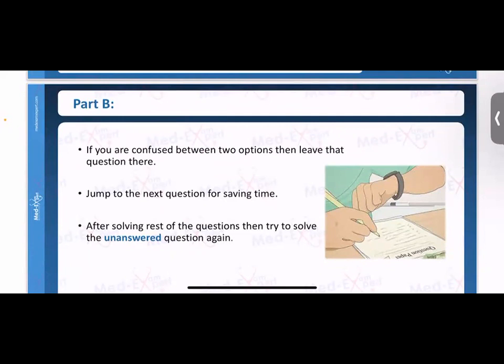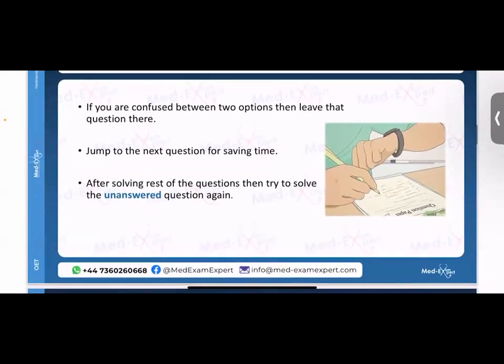And at the end, when you have solved all of your reading module, then you have to fill that question. But don't ever waste your time on a question in which you are very confused about the answer. Jump to the next question for saving time. After solving the rest of the questions, then try to solve the unanswered question again.